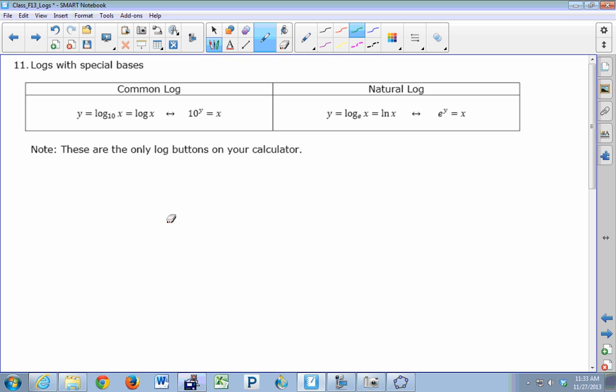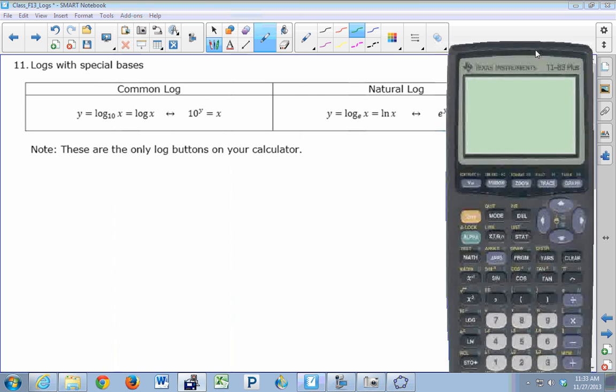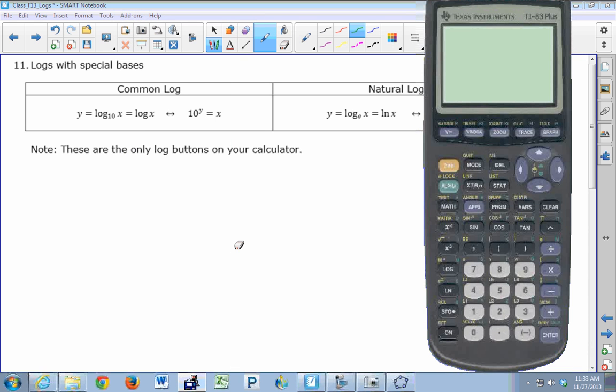Before we play, I just want to note, if you take out your calculator, and if you don't have your calculator, just sort of look up here on mine. You only have 2 log buttons on your calculator. You have log right here, and you have ln. If you look directly above each one of these, you see the exponential function that it's the inverse of. So log is the inverse function for 10 to the x.